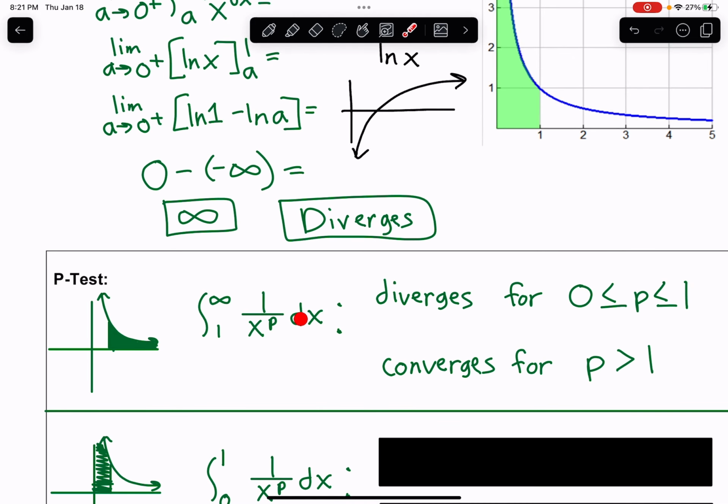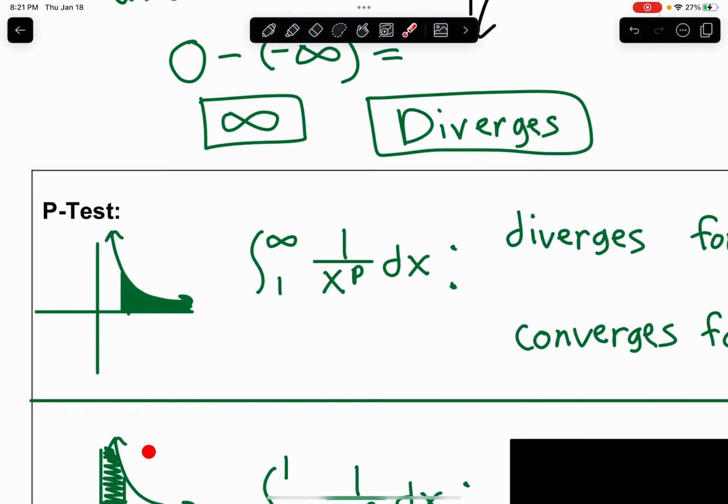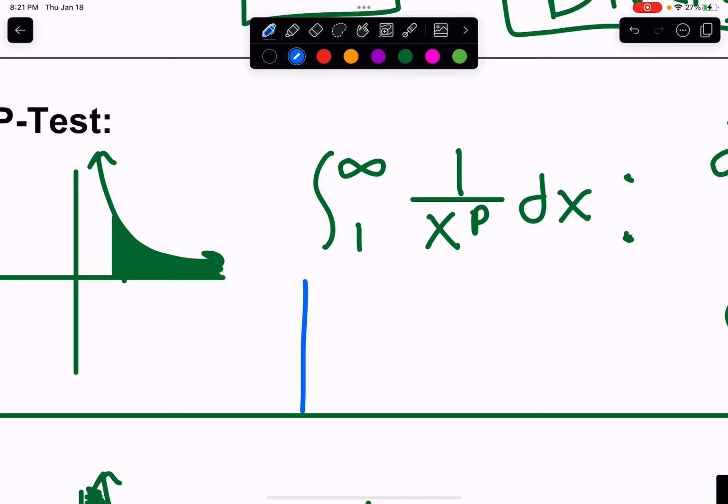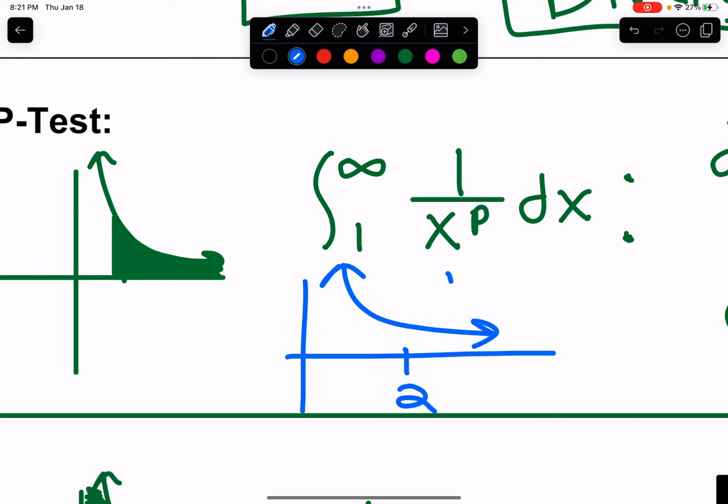Now pay attention to the bounds. This is specifically for 1 to infinity. But one thing I want to add here: what if this wasn't 1 to infinity? What if we were looking at this graph from like 2 to infinity, and let's say my function here is 1 over x squared?